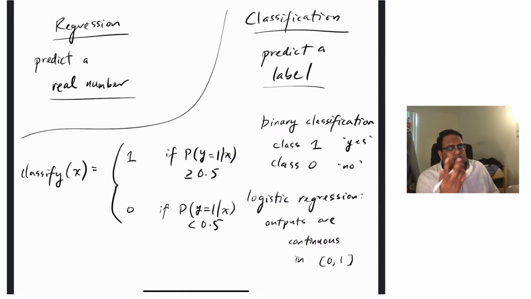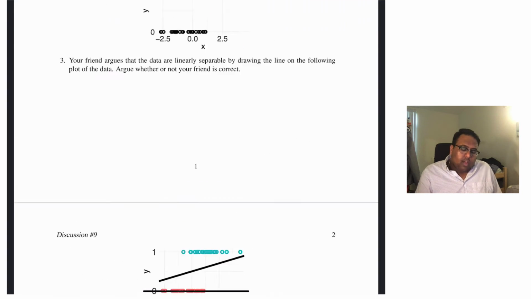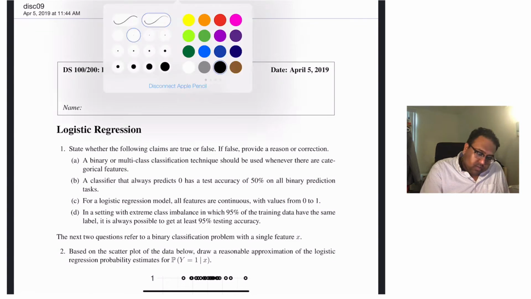So for example, if the probability of a patient having a certain disease is greater than 0.8, you'll say they have the disease. If it's below 0.8, you'll say they don't have the disease. Okay, so that's how we interpret the outputs of logistic regression as being discrete labels, either 1 or 0.